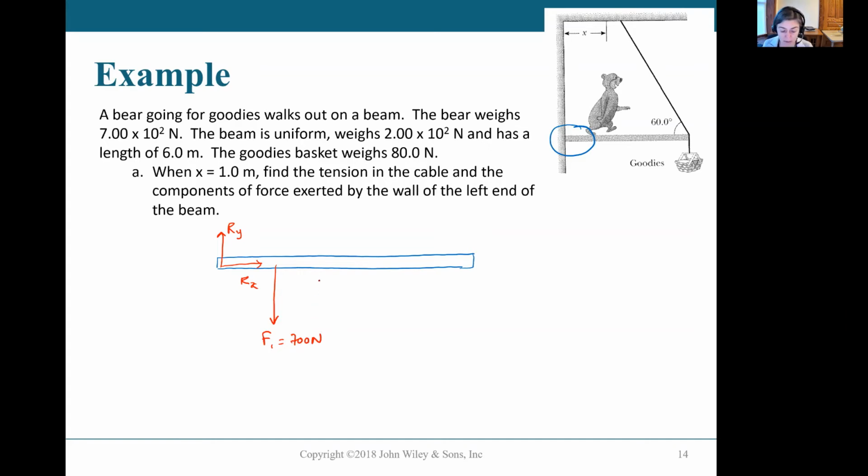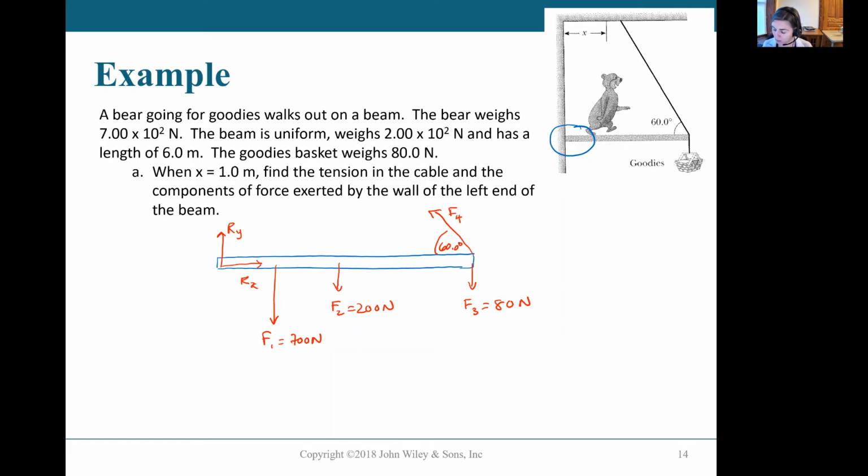We're going to have the weight of the beam itself, located in the middle since it's a uniform beam. That's F2, 200 newtons. And then we've got the goodies basket, right at the end. I'm going to call that F3. It's 80 newtons. And then we've got this tension force. I'm just going to keep with the numbering and call it F4. We could call it T if you want. And this angle here is 60 degrees.